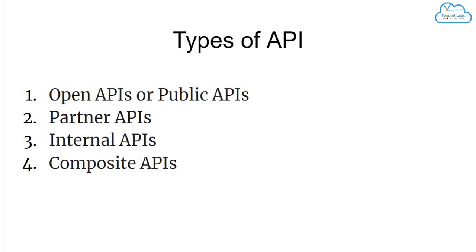The next one is internal APIs, also called private APIs. They are hidden from external users and only exposed by internal systems. They are not accessible by the public. Internal APIs are not meant for consumption outside the company, but rather for use across different internal development teams for better productivity and reuse of services.